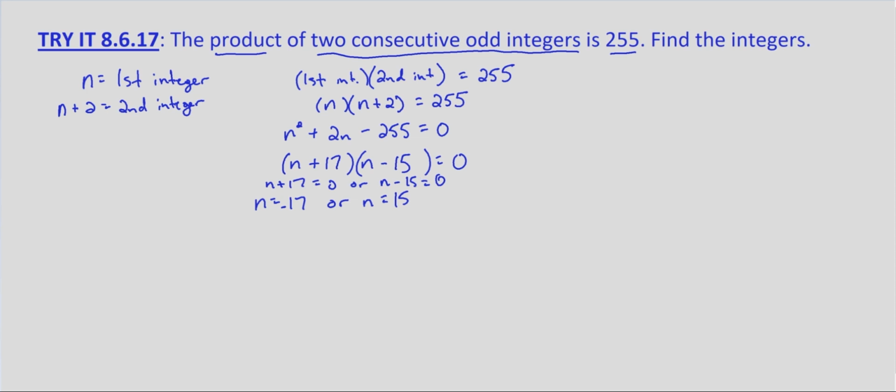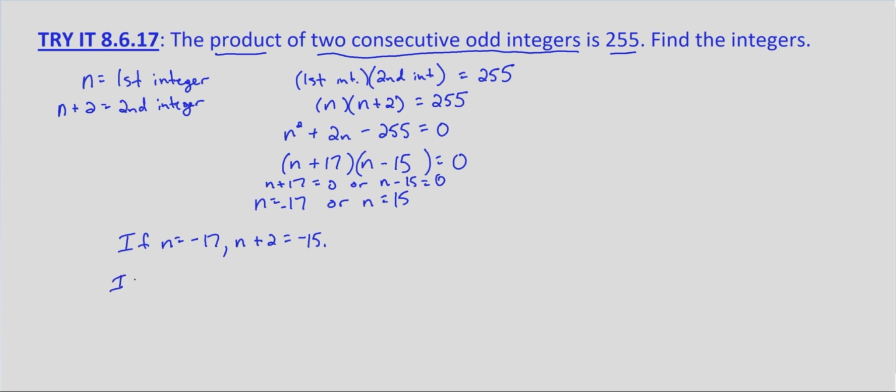So now we have two possible values for our consecutive odd integers. If the first integer is negative 17, so if n equals negative 17, well then n plus 2 equals negative 15.